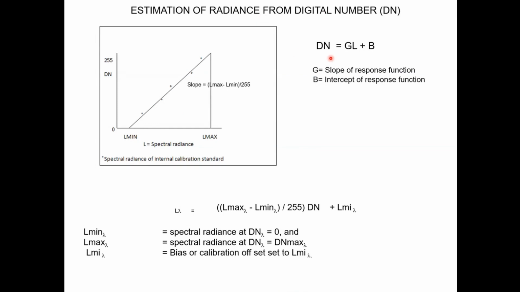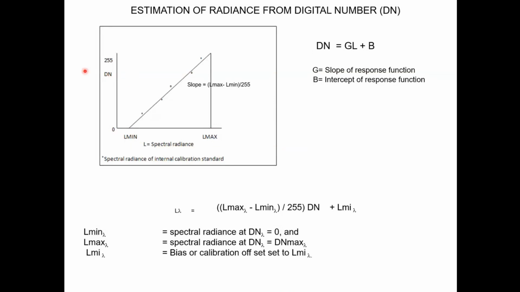So the digital number needs to be converted into radiance. There is a calibration procedure for that. Before you send the satellite into orbit, you have a calibration of the sensor. That means you take the minimum, which should be 0, and the maximum spectral radiance, and then you have a digital number.